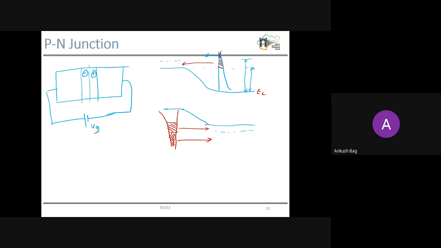Similarly the electrons have enough thermal energy, and due to diffusion they are crossing this potential barrier. Only remember these two phenomena, diffusion and drift. Don't consider any other thing, because this way it will be much easier to understand and remember, and eventually this is what is actually happening inside the p-n junction.